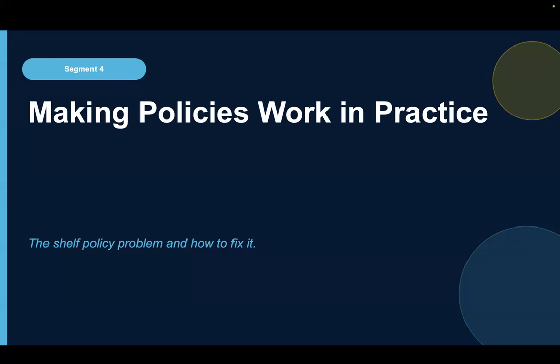So making policies work in practice: the shelf policy problem, basically, and how to fix it. That's the sort of subtext for this. So you've bought something off the shelf. Some of them might need fixing, and some of them might just need making your own. For ours, we have a lot of examples, because I use examples over years so that people might understand things better.